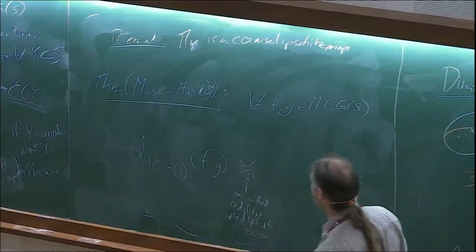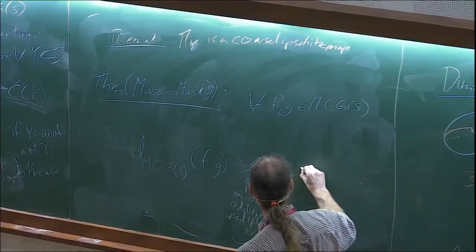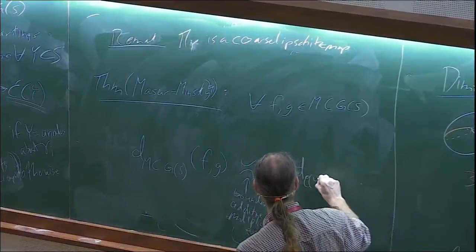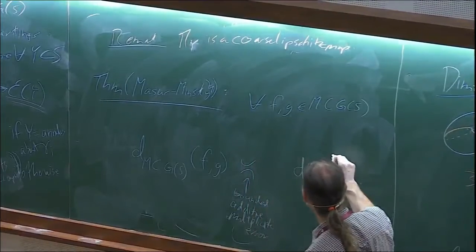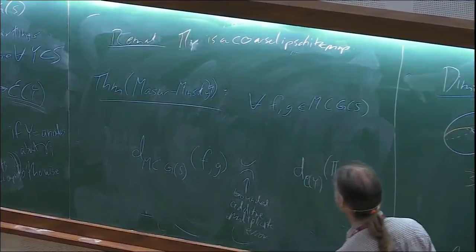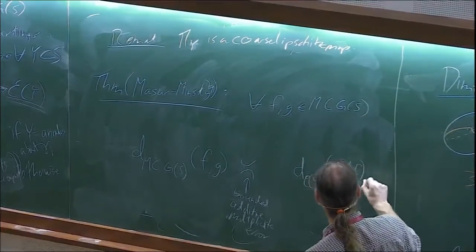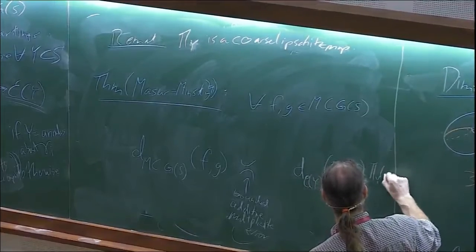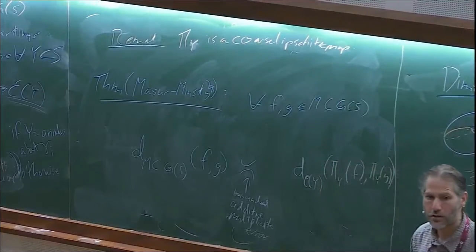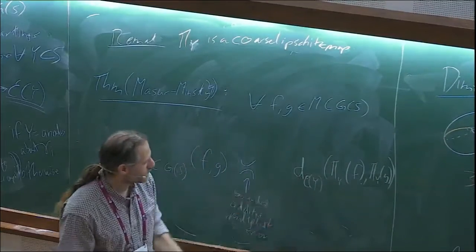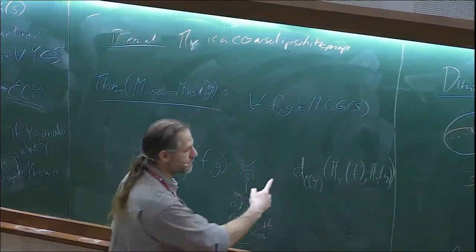is given by the following thing. I could look at the distance in the curve complex of Y between the projection to Y of f and the projection to Y of g. For any Y, I could do this. But then I could actually do this for every possible Y at once.